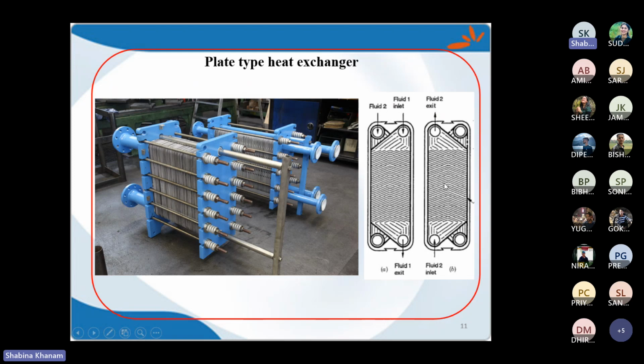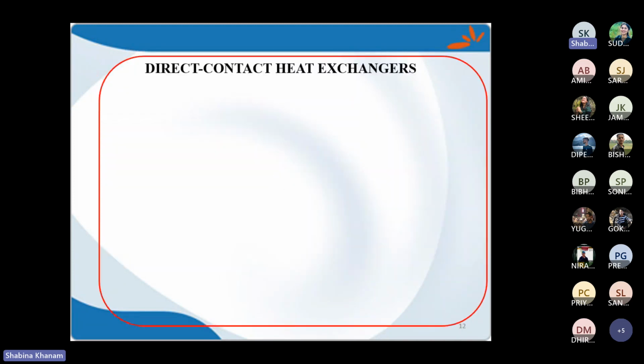And the grooves and corrugation we were talking about in the last slide are like this. Some type of wavy structure or grooves increase the heat transfer between two fluids, and therefore heat transfer coefficients are higher for this type of heat exchanger. So this is a plate heat exchanger.